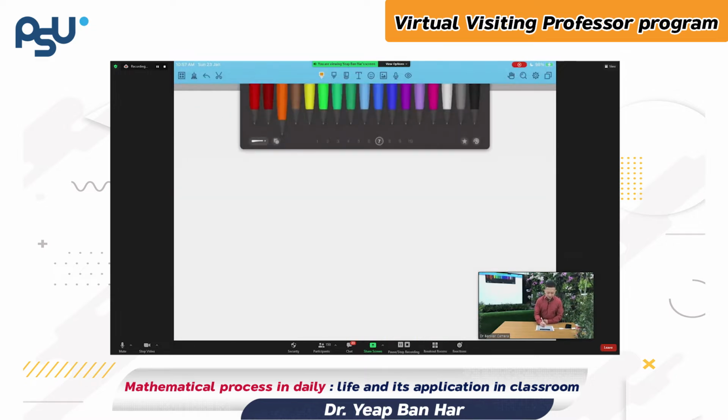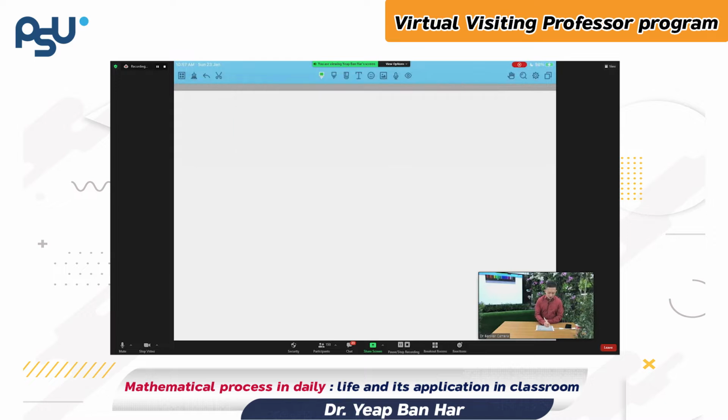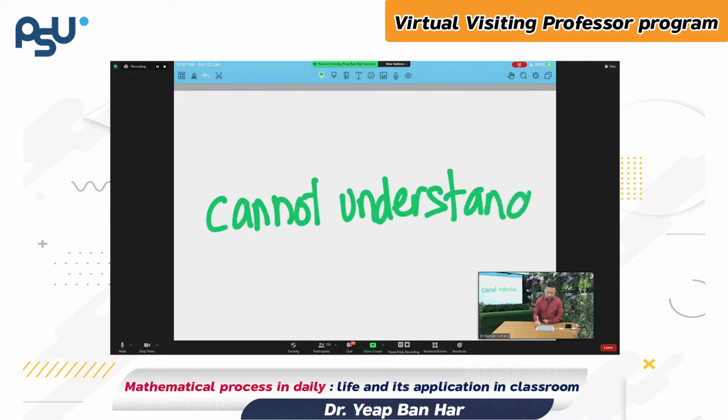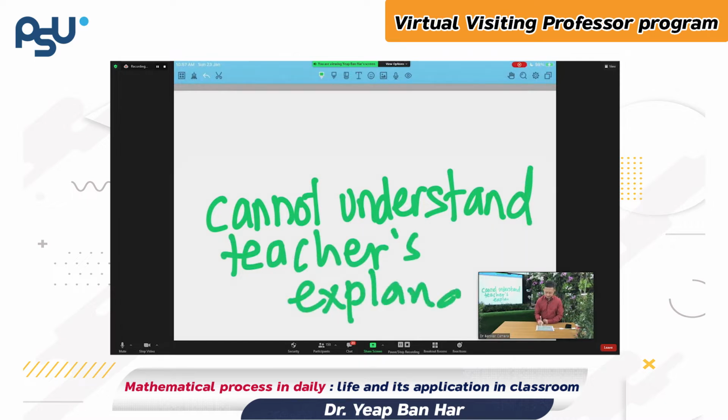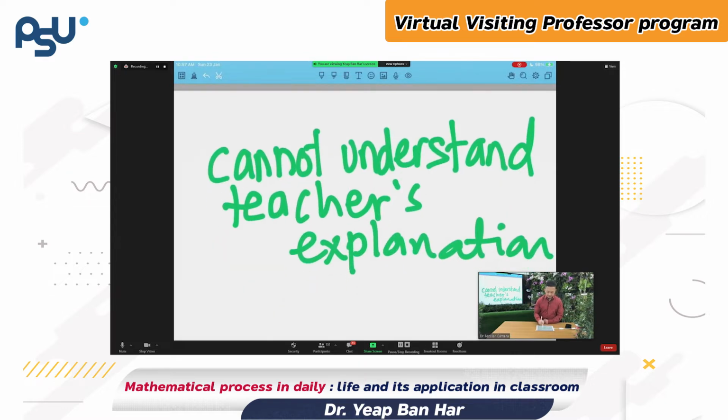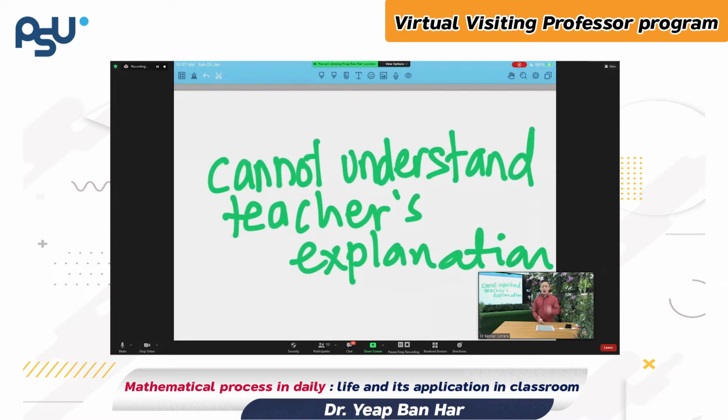What they cannot do is understand the teacher's explanation. It is not because they are not good in mathematics. They cannot understand the teacher's explanation for many reasons.